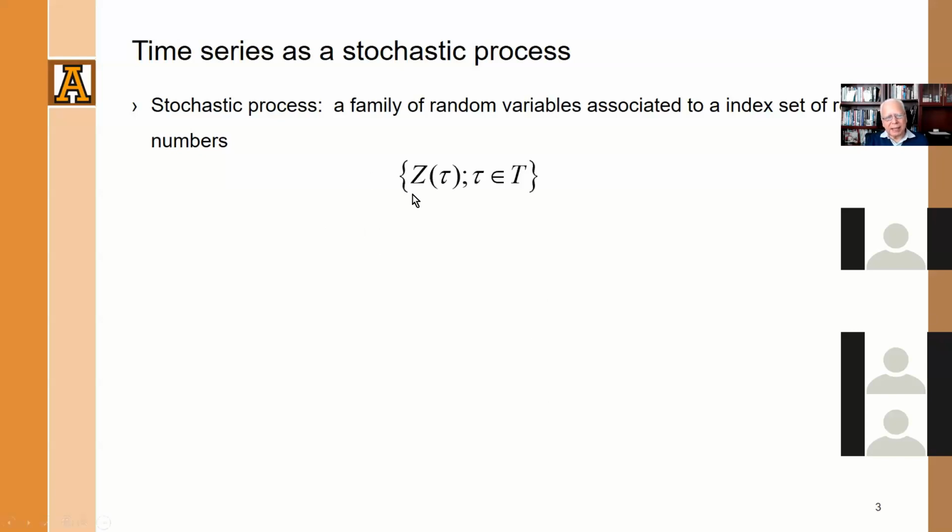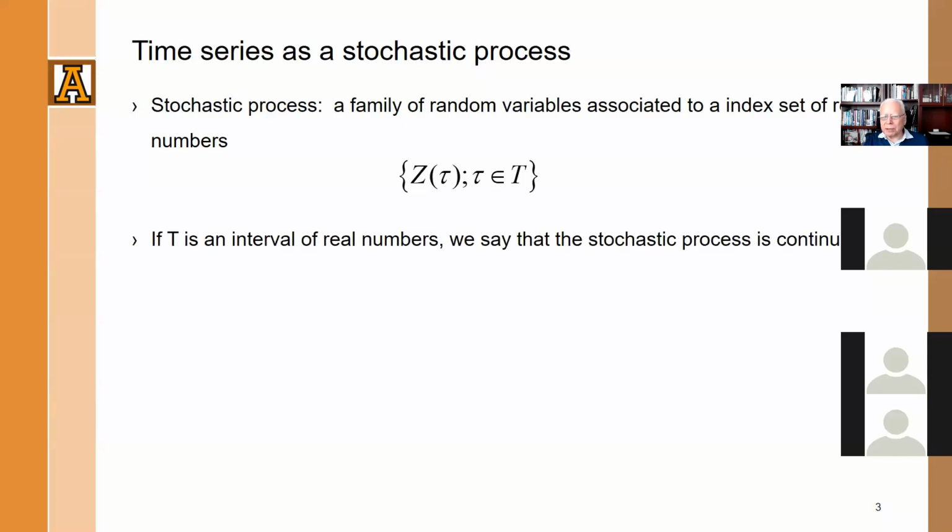So let's think of these random variables as Z of tau, where tau is in some set capital T of indexes. That'll be a stochastic process. This index set T could be a continuous interval, or could be just a bunch of integer numbers.